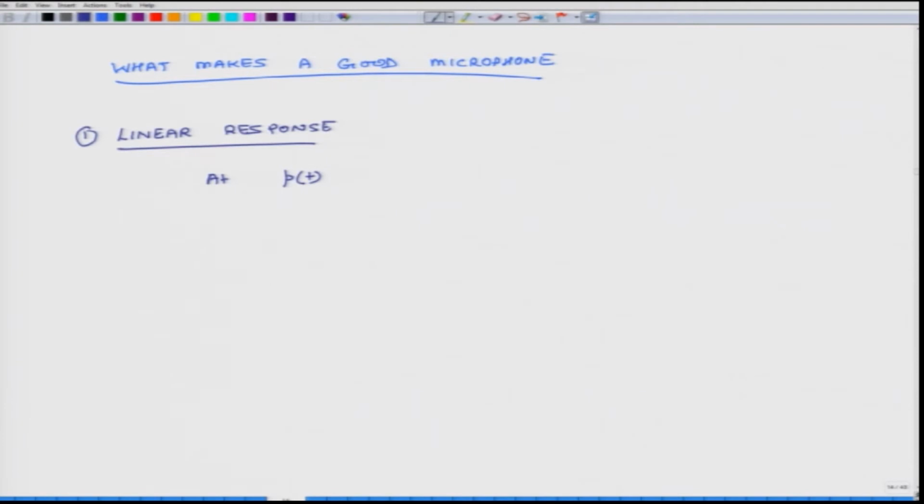So you have a microphone and this is your sensing device, and it senses P as a function of time, and then eventually whether it is a capacitive microphone or whatever, ultimately we convert everything into voltages. So essentially we measure volts as a function of time.